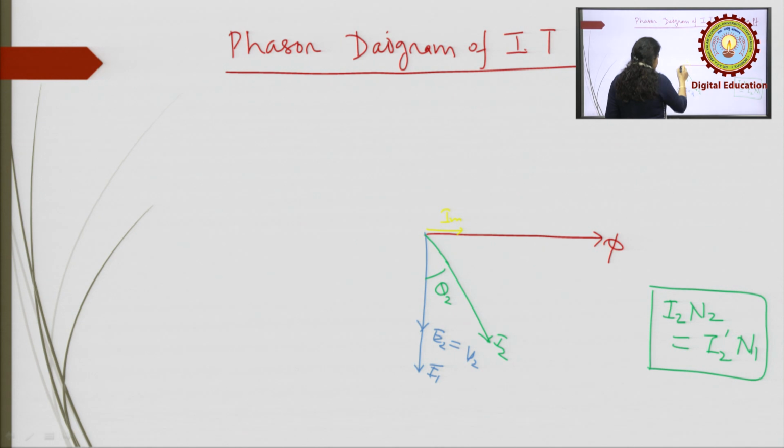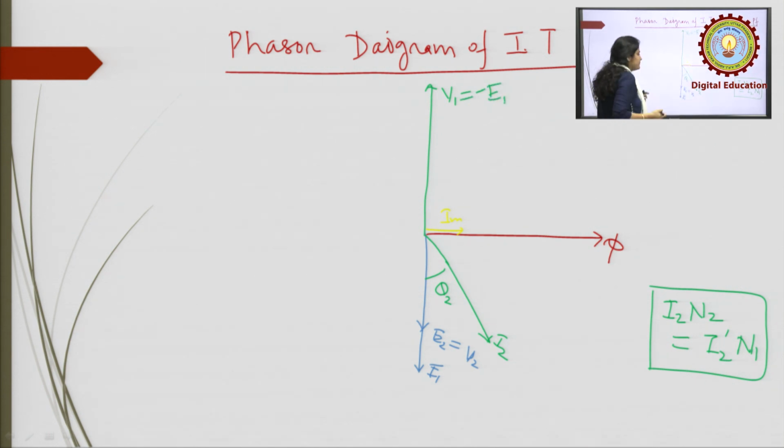And in the phasor diagram you have seen that V1 is equal to minus V1. So, you can draw like this. Now, as the I2 current flows, an equal and opposite current will flow in the primary, that is I2 dash.